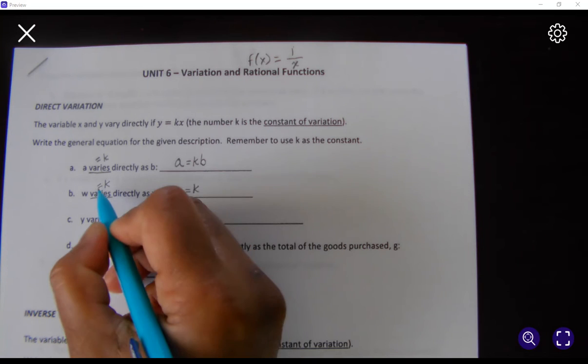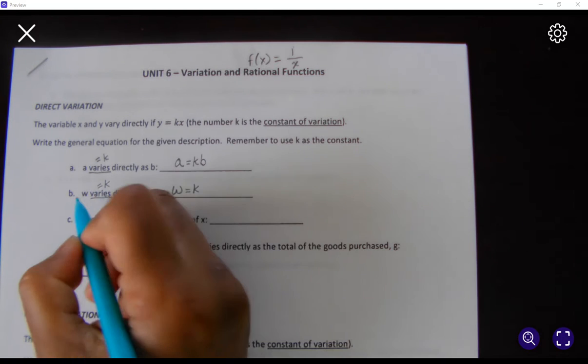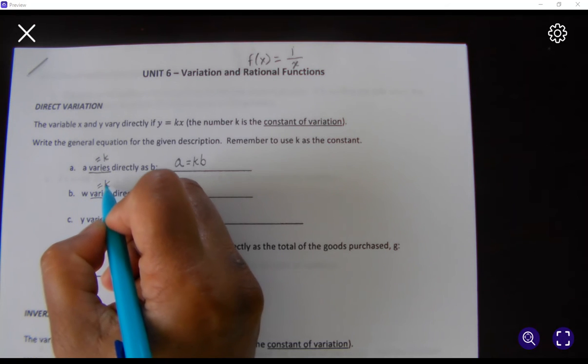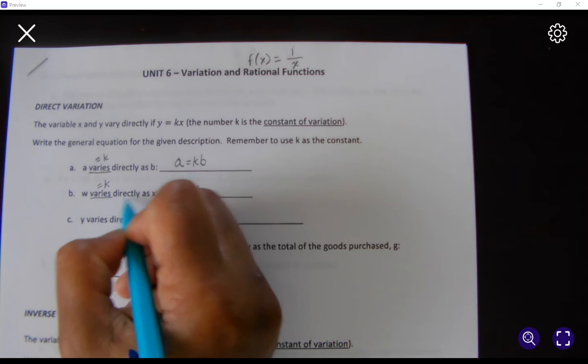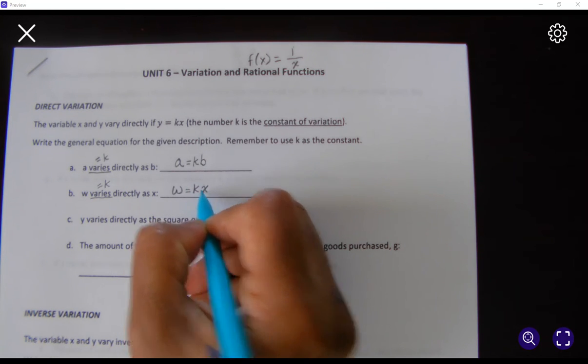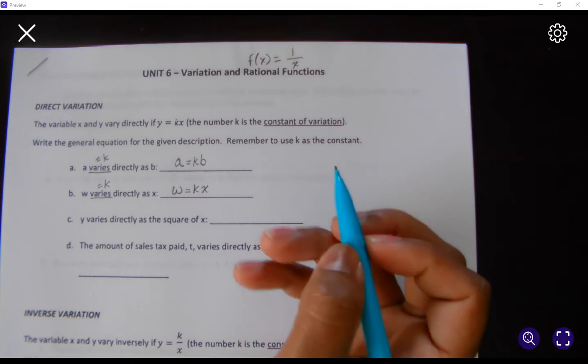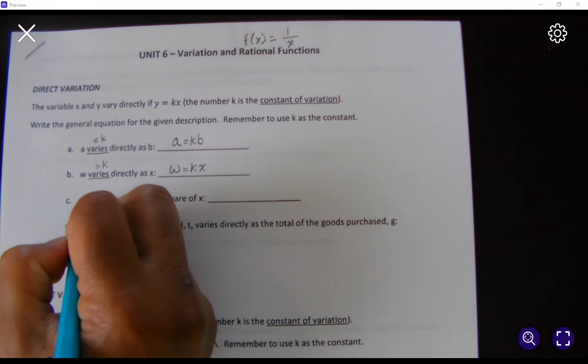So what equals k? W. W is right in front of that word varies. So W varies, W equals k. Because it says the word directly, it's going to be multiplied times x. So W equals k times x. All right, I see the word varies.